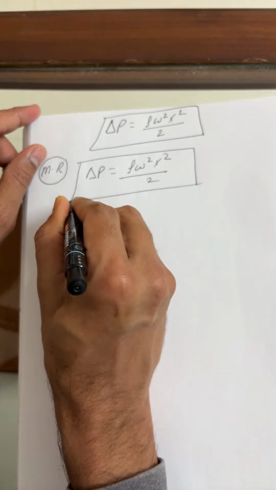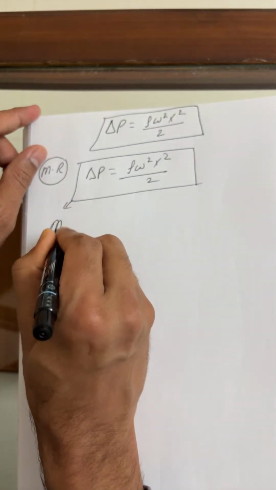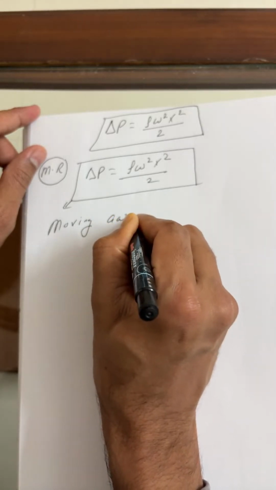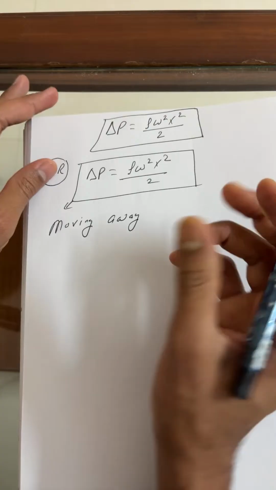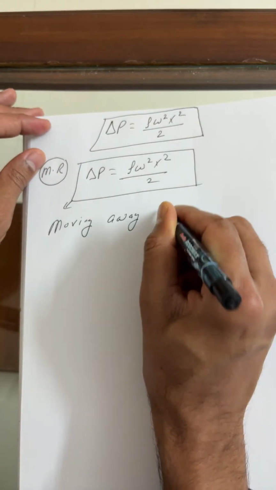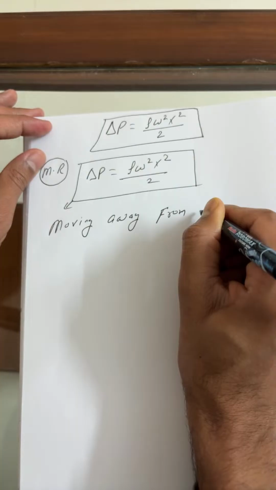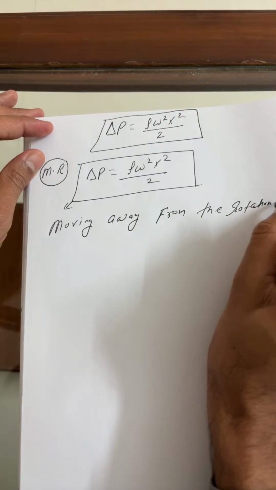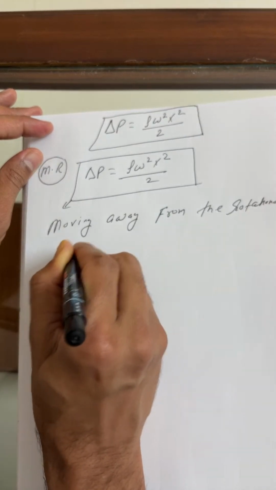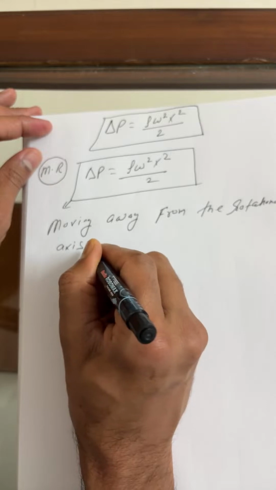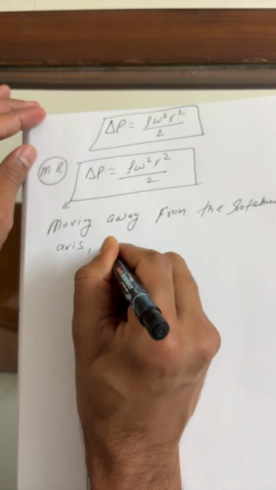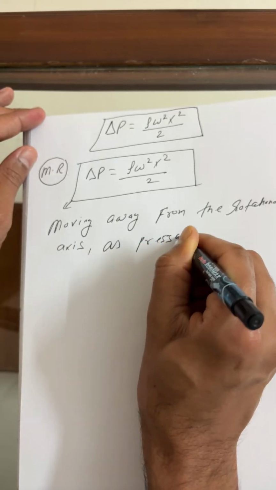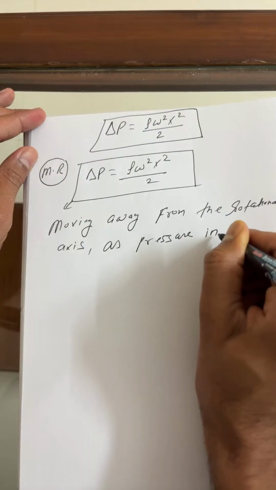You can say that in a container, moving away from the rotational axis, pressure increases.